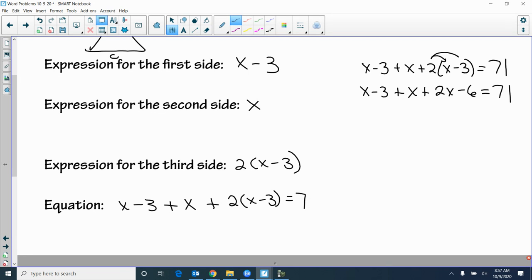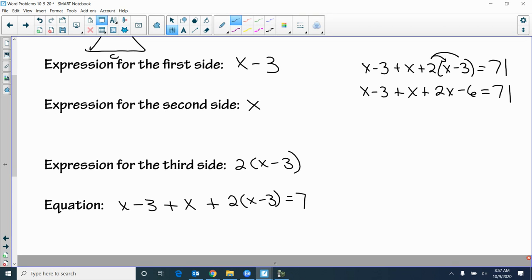Okay. All right, now I want you to think here with this equation, what do we got to do with all those things on the left? Okay, Colin? Combine like terms. Yep, and so when I combine like terms, what do you get? How many X's do we have, Colin? 4X.